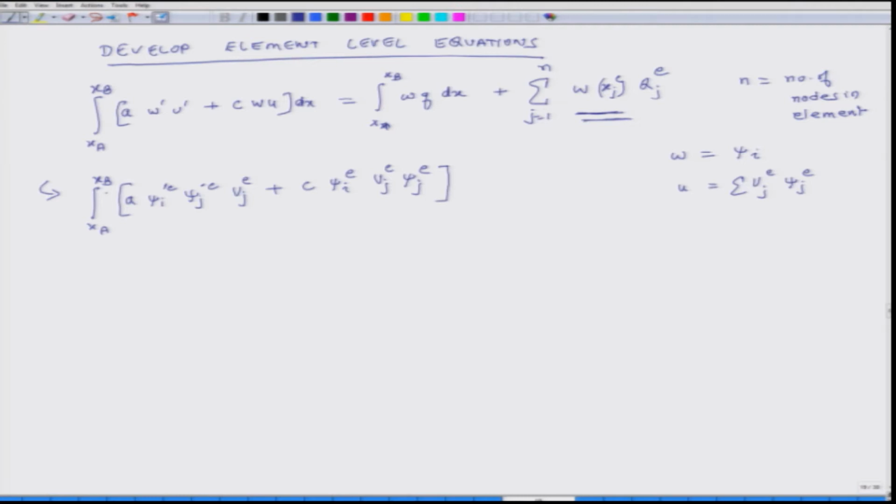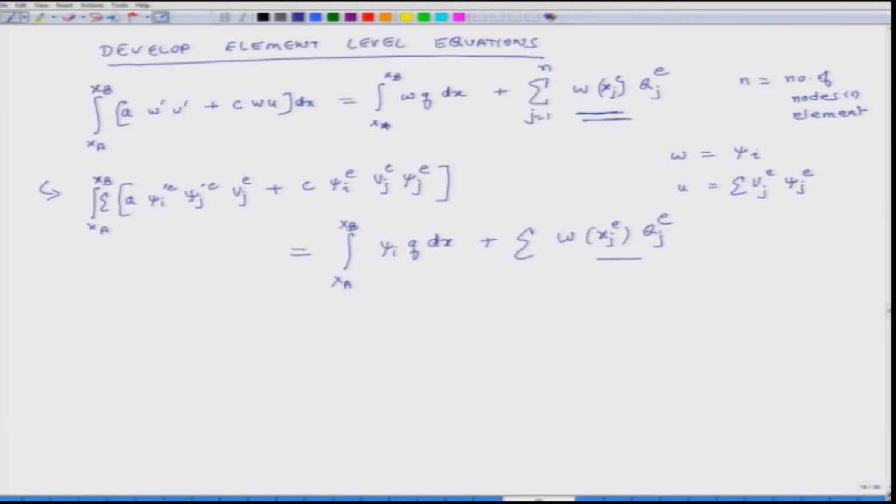This entire thing is added up over the index j, and this equals the integral from x a to x b of psi I q dx plus the summation of w at x j e times q j e. We will retain this till the end, then it will become clear what we are doing on this last term, the q term.